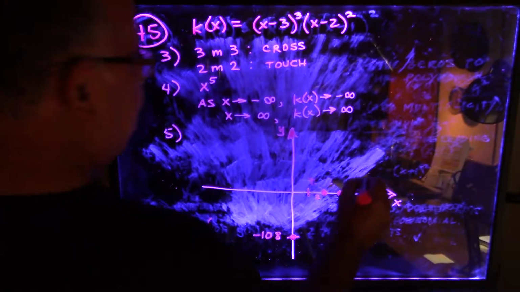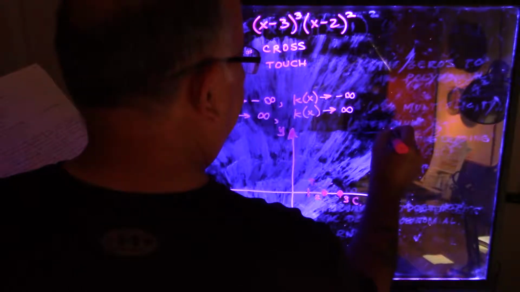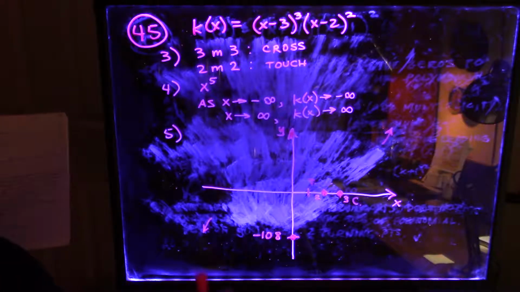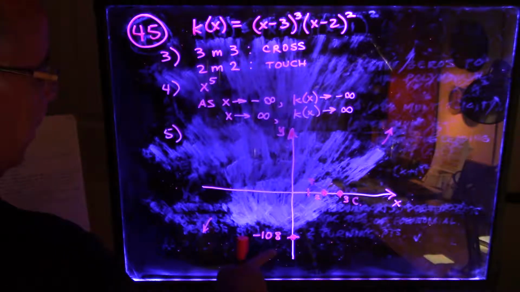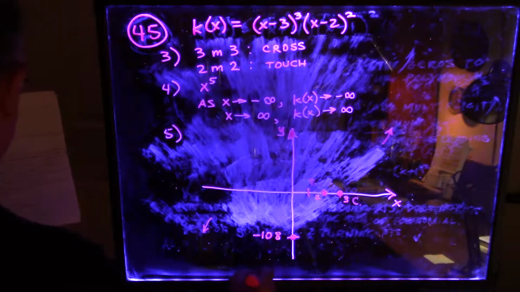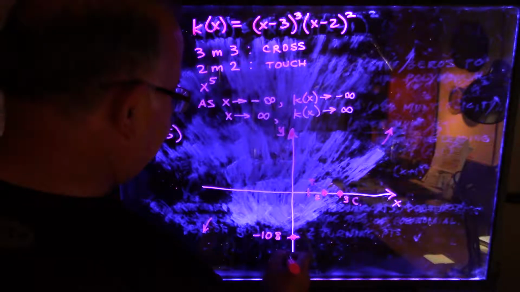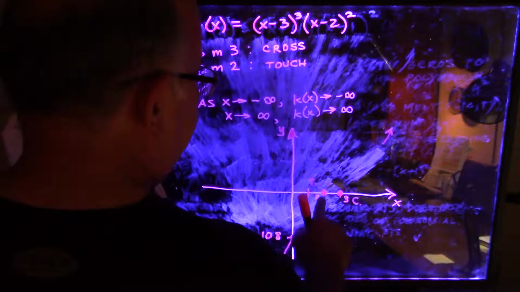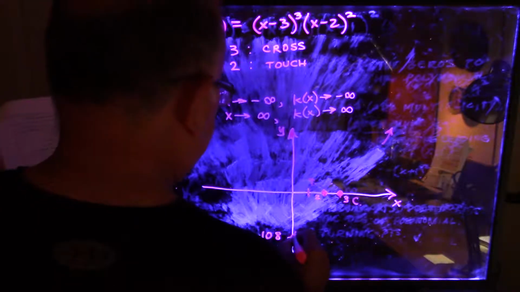As x goes to the right, the graph goes up. So it's down here, and it's coming, and it's going through there. Alright, so let me draw it like that. And it's going to just touch there.